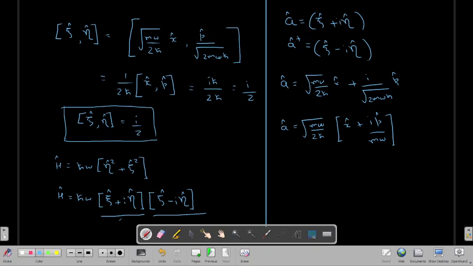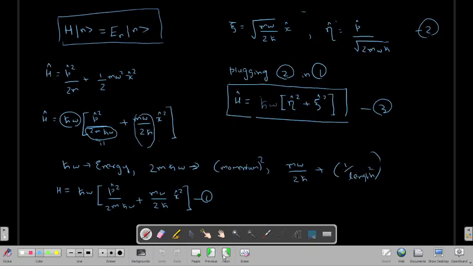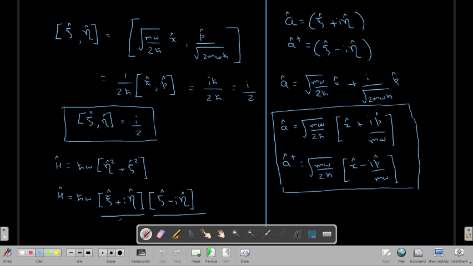And this can be written as A dagger is equal to under root of m omega by 2 h cross into x minus i p by m omega. Okay. These are very, very important results which you have to remember by heart. We are going to use these two expressions a lot. Okay. So I will call this expression number 4.